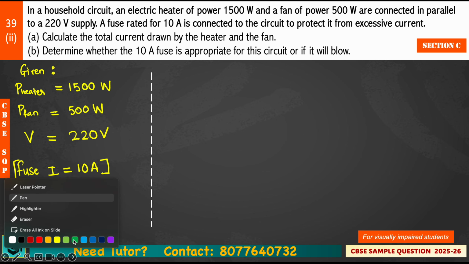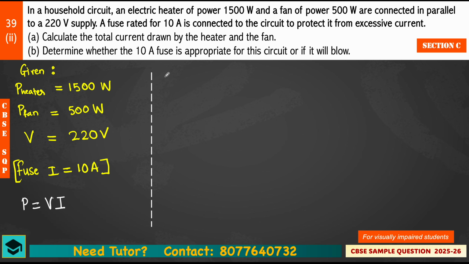If I want the current for heater, it will be written as I is equal to P upon V, and the power will also be for the heater only.